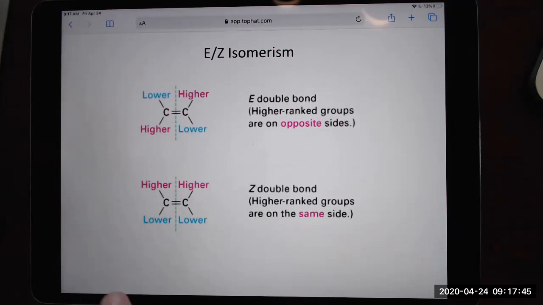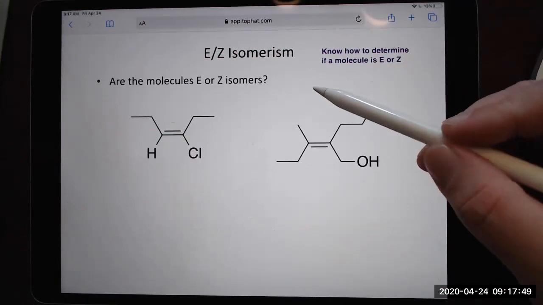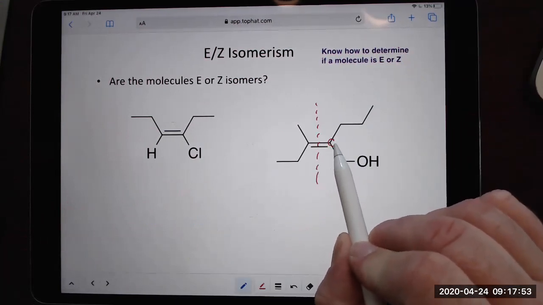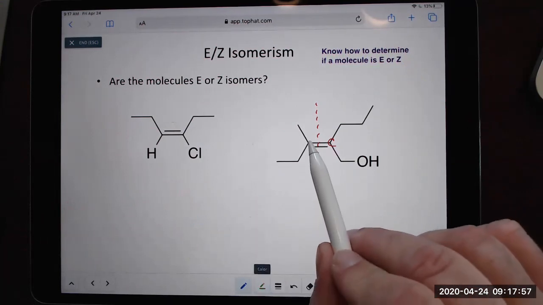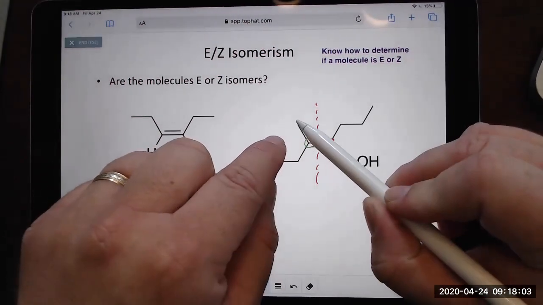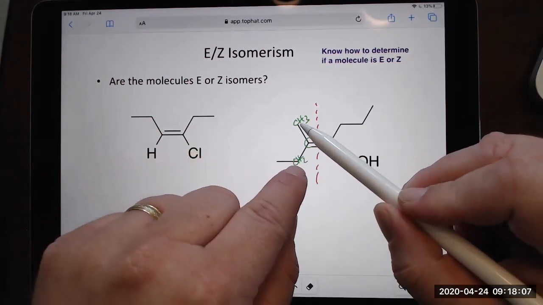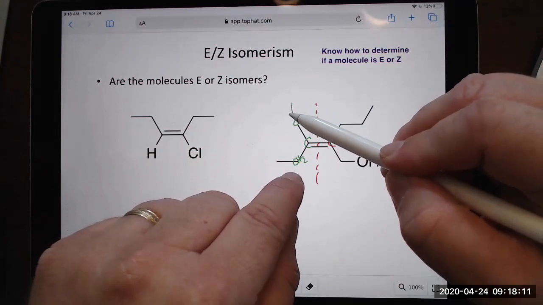So let's do an example here. I'm going to slice this. I'm going to have a red carbon and a green carbon. On the green carbon, we're going to compare that CH3 and that CH2. They're both carbons, so that's a tie.